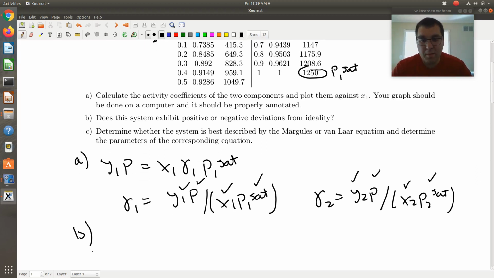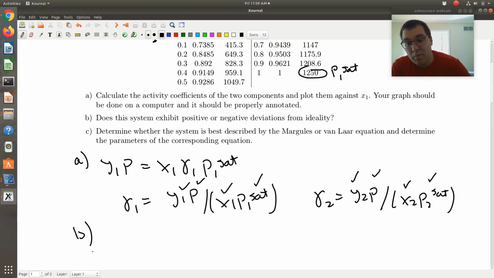Okay, then we look at part B. B asks, does the system exhibit positive or negative deviations from ideality? What do you think? Well, we could just plot our gammas, or you could plot log gamma.